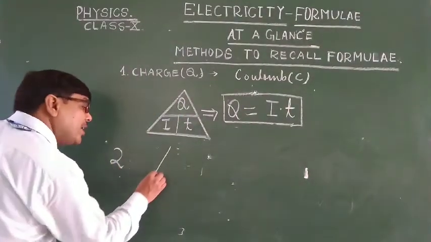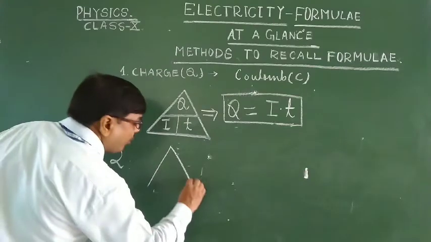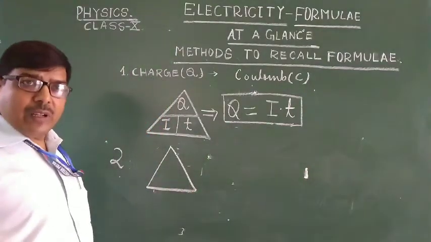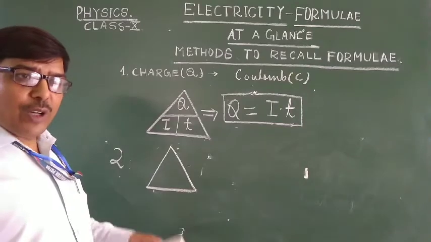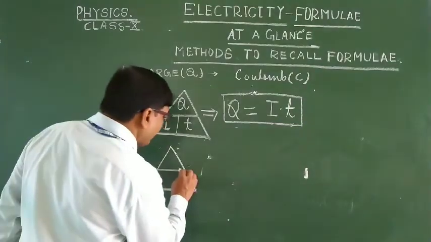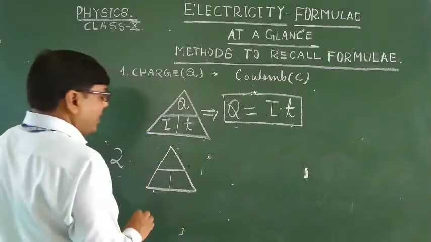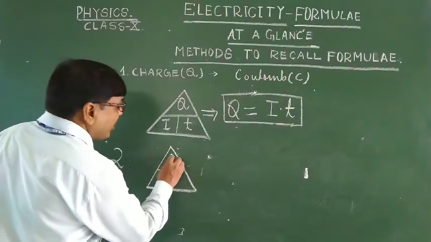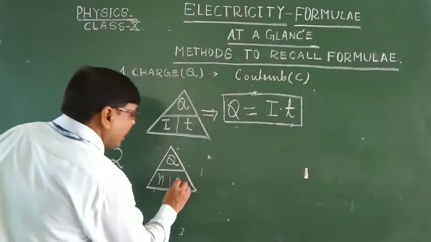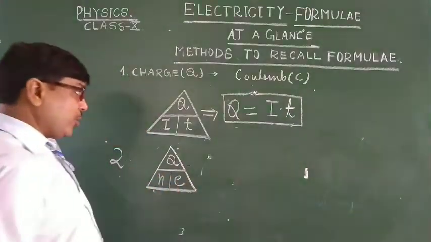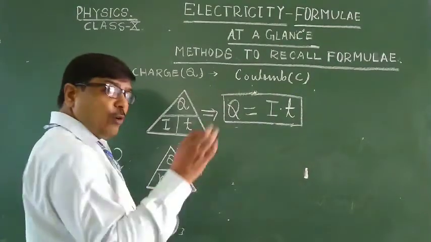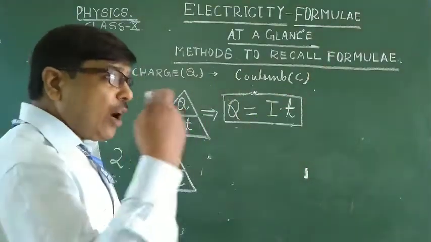Charge also depends upon the number of electrons flowing and the charge of an electron. Supposing Q is given, the other quantities are the number of electrons that flow and the charge of an electron.